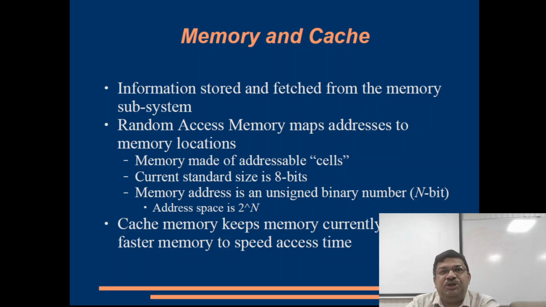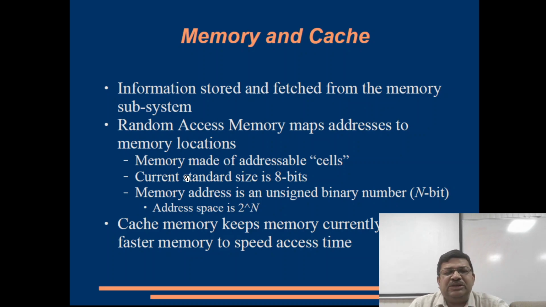Data needs to be stored in memory and it needs to be fetched from memory. And random access memory maps addresses to memory locations. That's what we discussed in the morning. The difference between 32-bit and 64-bit is the address space, how much memory you can uniquely identify, and that defines how large a random access memory can be utilized on your computer, right?